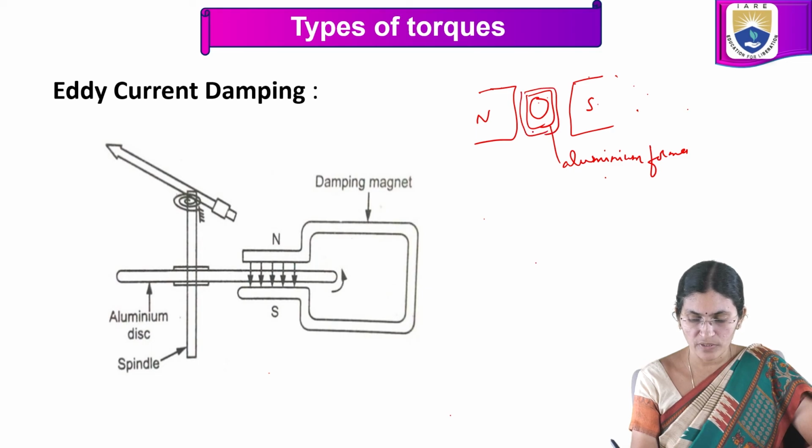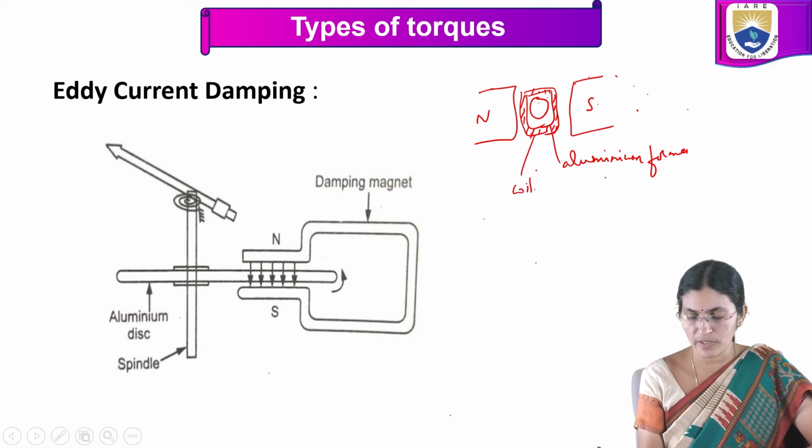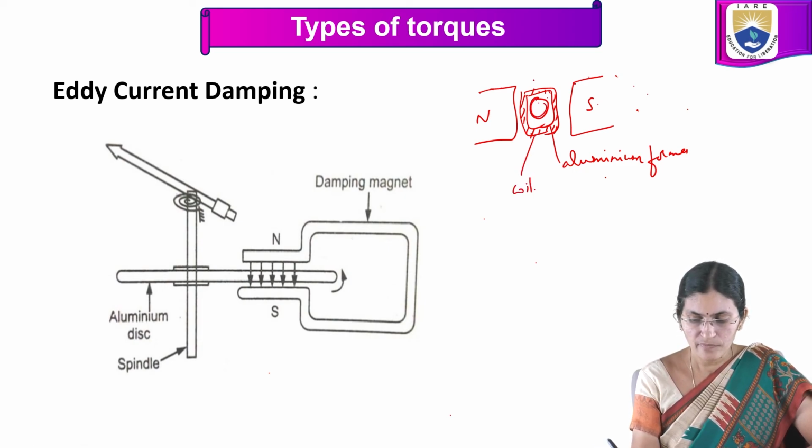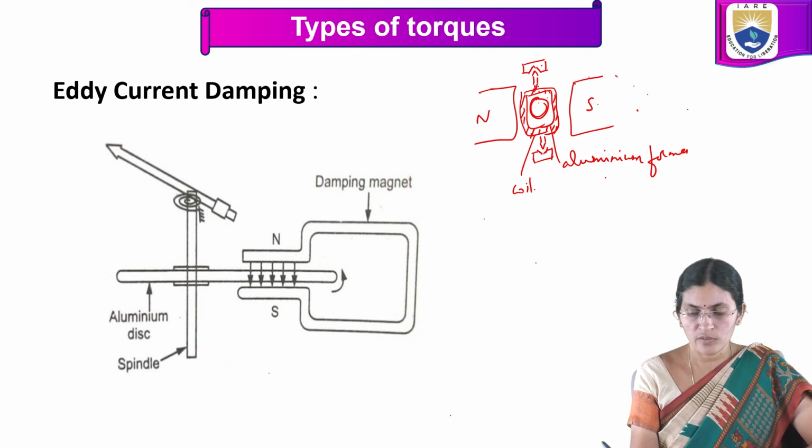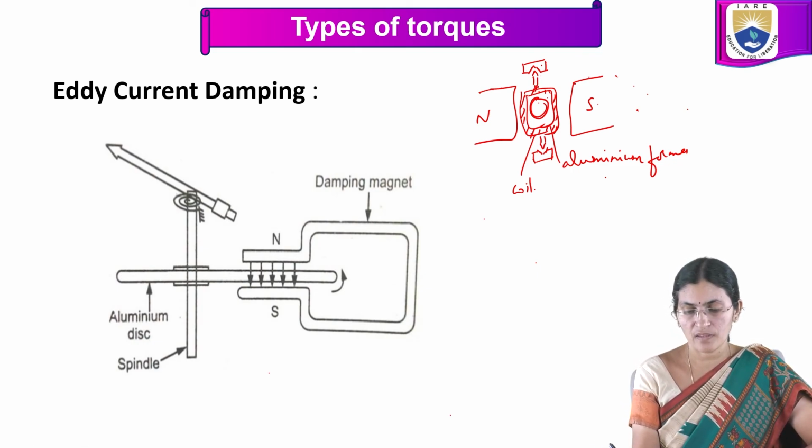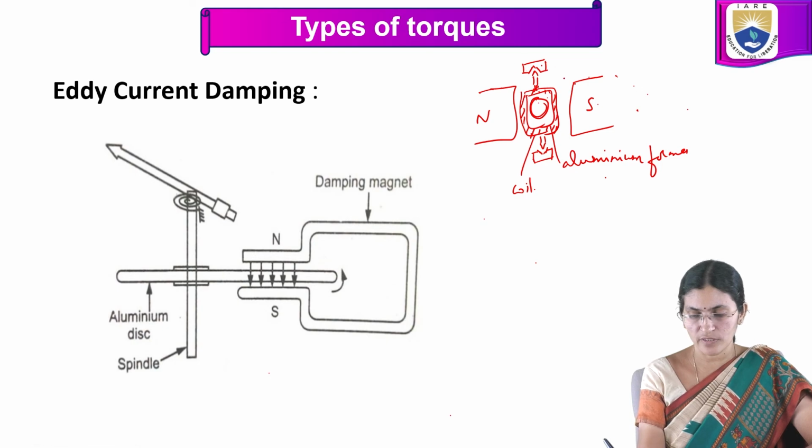Over the aluminum former we have a coil, a copper coil placed. This coil is attached to the pointer and the pointer will show the deflection on the scale.